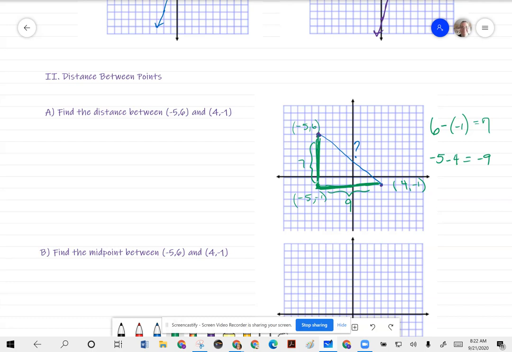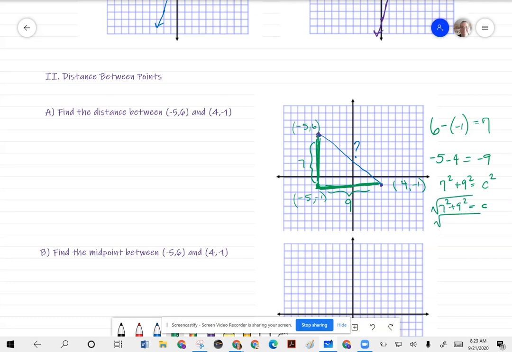Now we're looking for the absolute value of those things only because you don't have a negative width. The negative just implies location. So we have a 7 and a 9, and now we can do the Pythagorean theorem, which says 7 squared plus 9 squared equals c squared. If we were to find c, we would just take the square root of that.